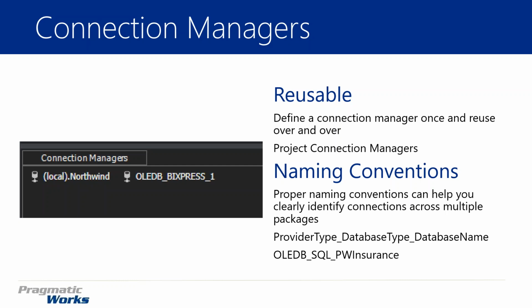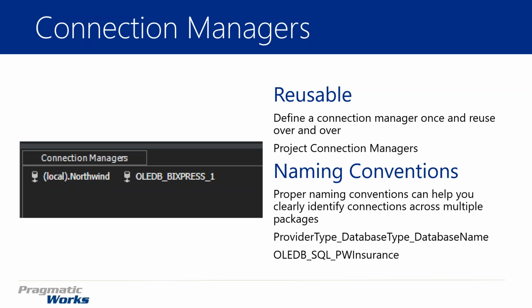Remember, server name.database name is the default naming convention of Visual Studio. That is why I'm bringing this up. Our recommendation here at Pragmatic Works is something like what you see here, not the _1, but something slightly different than the default naming convention of server name.database name. I recommend you come up with some kind of a naming standard that does not include the server name.